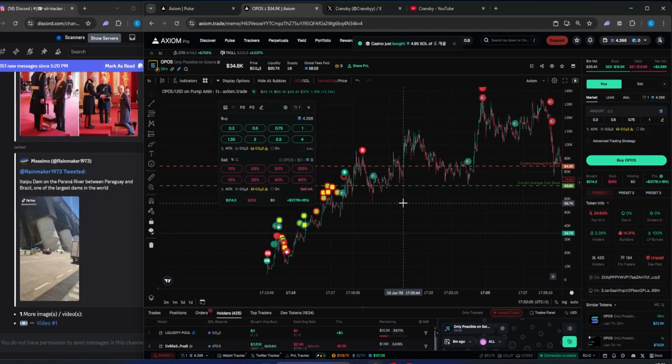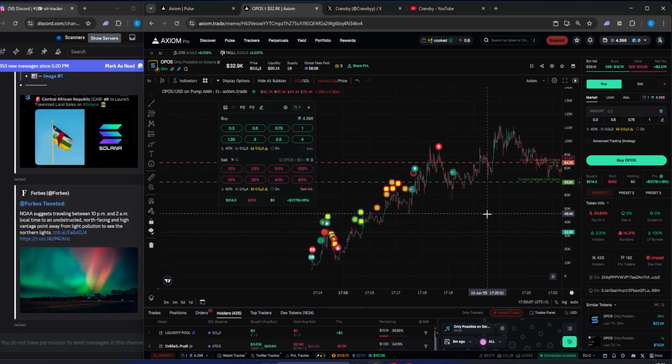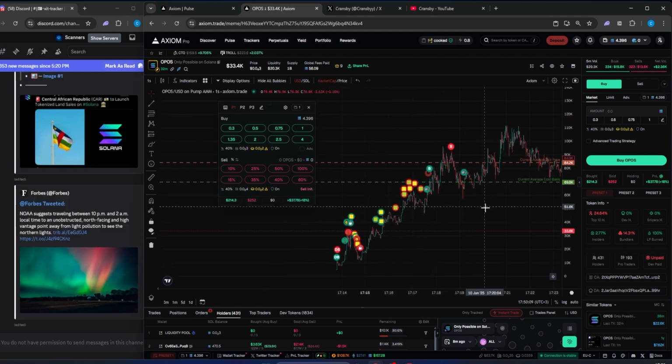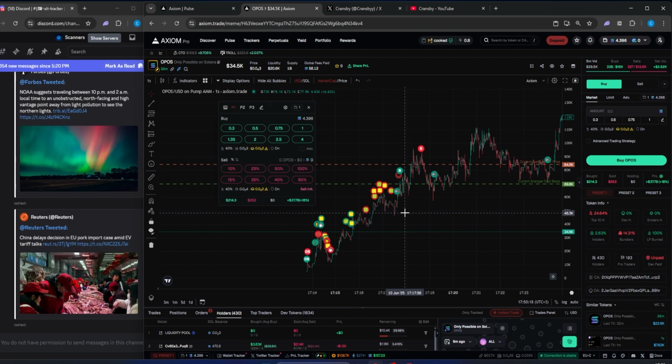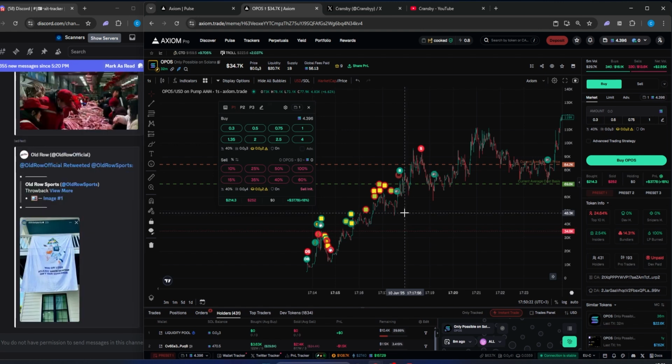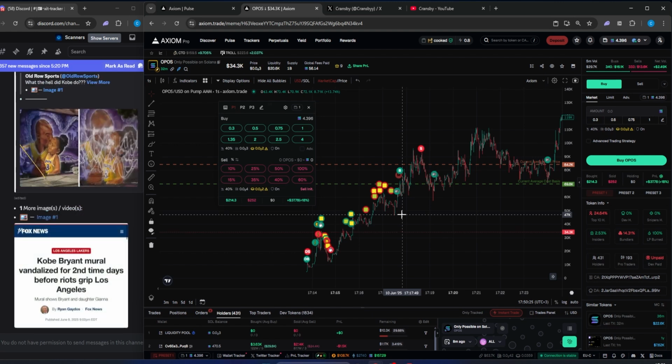The first thing you do is see how the token performs after the migration. Usually it has a 20, 30, 40% drop, and the key point is to see how low the token dips. When the token stops dropping, it means there are fewer sales happening and more buy volume coming in.